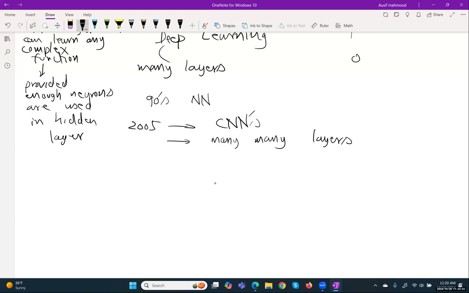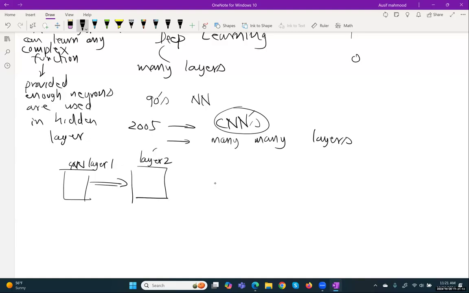And the answer is, now we will introduce convolutional neural networks. And as you will see, the fundamental idea is we will have a CNN layer 1, then a CNN layer 2, and we will put many layers.